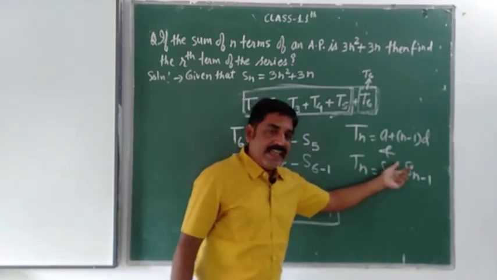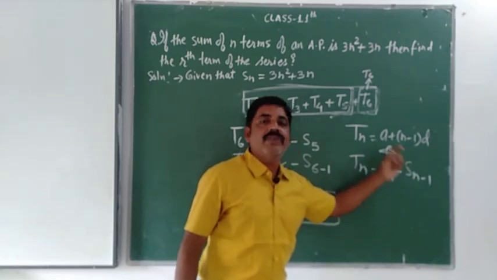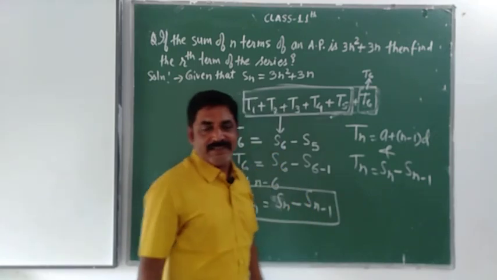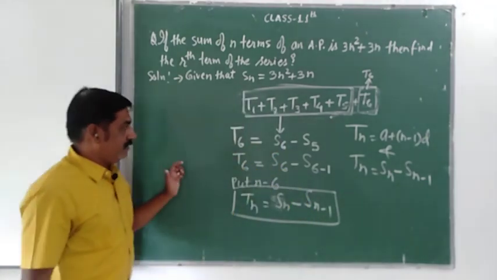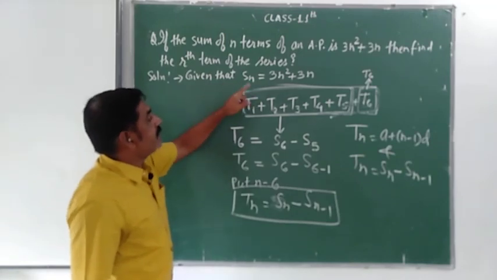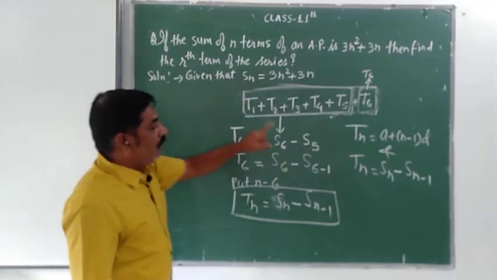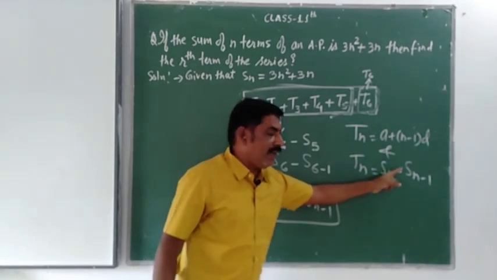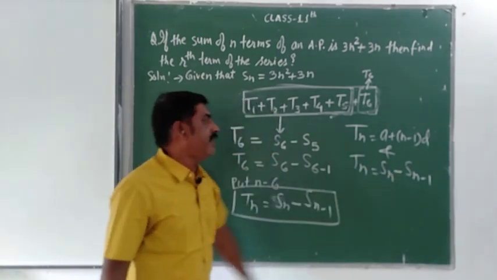Sn में से Sn minus 1 को सब्ट्रैक्ट करोगे तो आपको Tn मिल जाएगा. Clear? I think you know now. Okay, so we can see the question. Our formula is Tn is equal to Sn minus Sn minus 1.